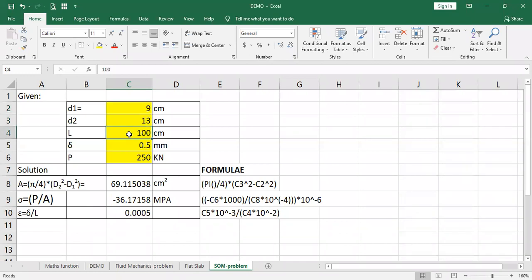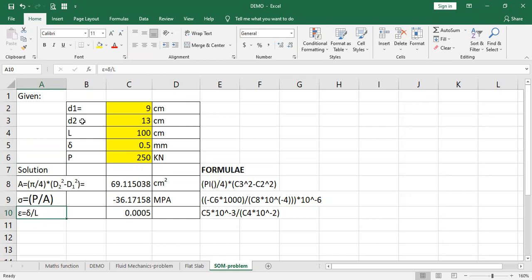You have a length of 100 centimeter, the deflection or delta is 0.5 mm, and the load acting on it is 250 kilonewton. Now you want to calculate the area, the stress, and the strain. Very simple.